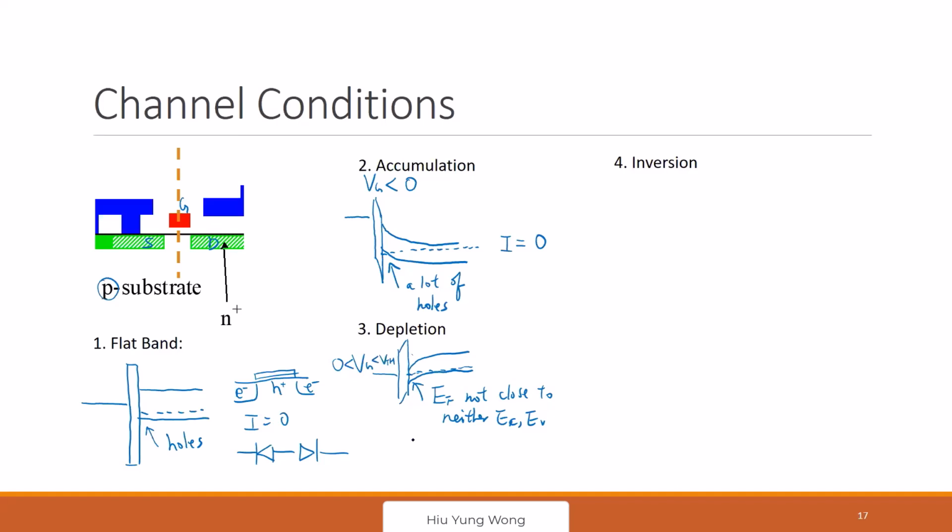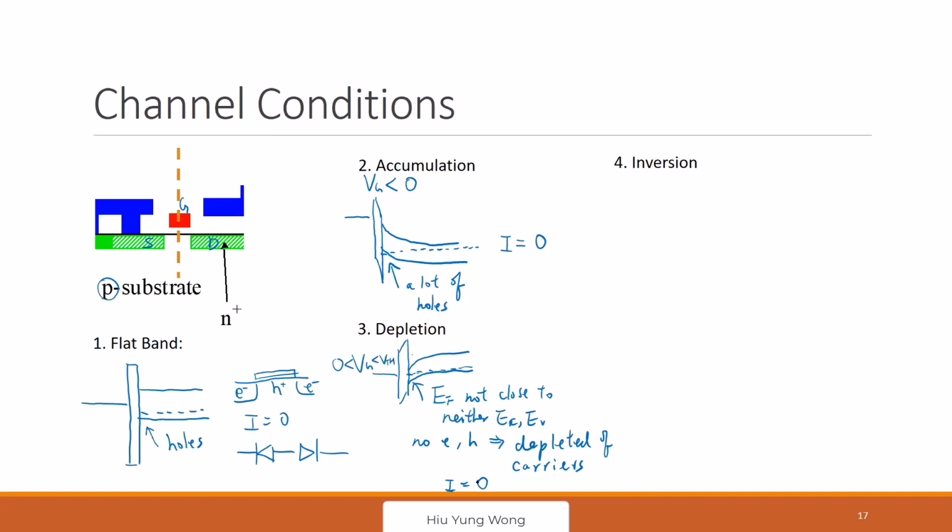So in this case, I don't have carriers, neither electrons nor holes. We call it depletion. It's depleted of carriers. So do we have current if we deplete it of carriers? No current, again, right? Because no carrier, no water molecule. How can I have water current?